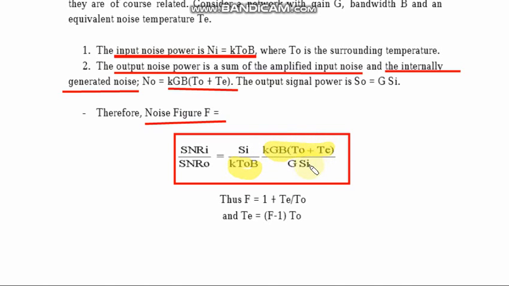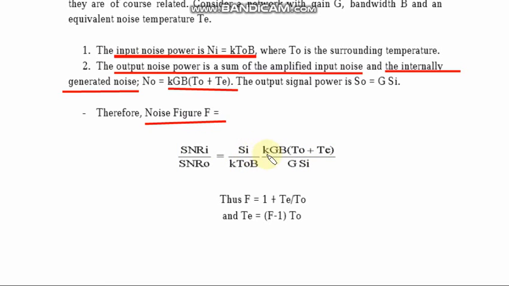This is the input signal, this is the output signal, this is the input noise power, and this is the output noise power. Now if you solve this completely, you will see that Si cancelled, G cancelled, K cancelled, B cancelled. So what we have received is that the noise factor or noise figure F is equal to (T0 plus TE) by T0.